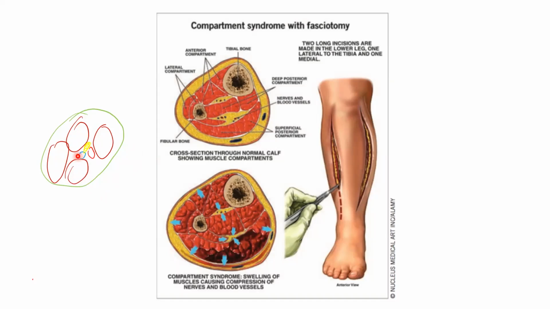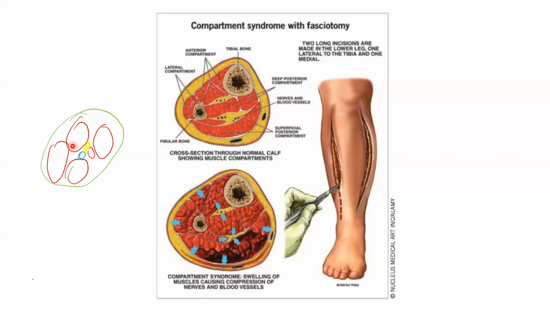So when you have this compartment syndrome, what you can detect first is pain, right? The patient will have severe pain which is not compatible with the damage. So if the patient is complaining of severe pain, you have to take care and see what's happening with the patient.